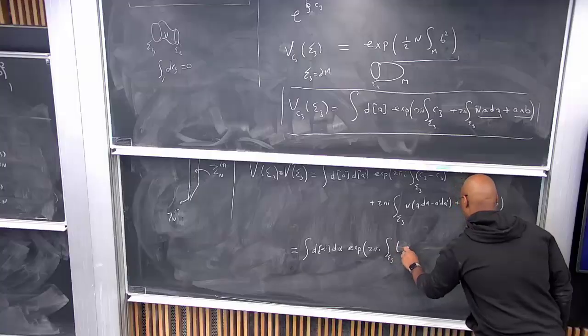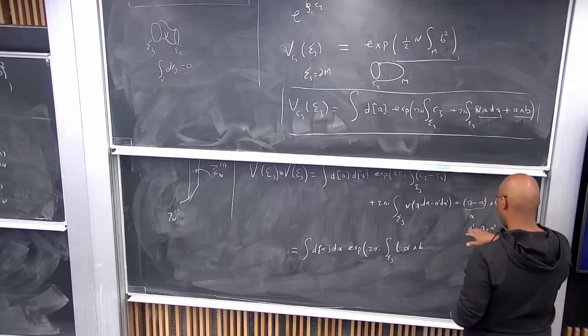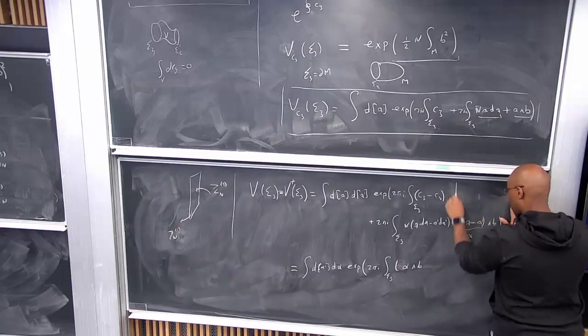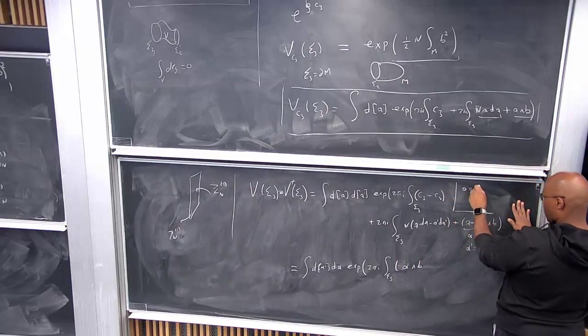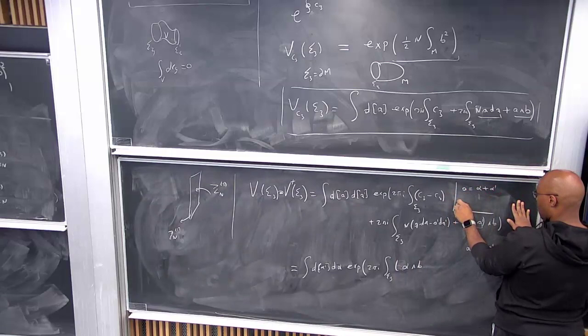So you get alpha wedge b, and here A is going to be alpha plus alpha prime, and b is alpha minus alpha prime, with a 2.